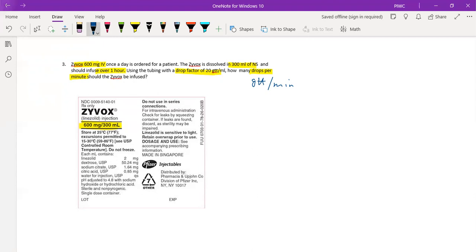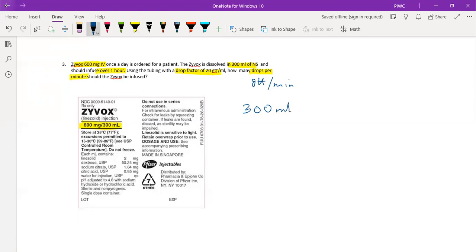We have to start with the order that has been given. So start with the 300 ml.